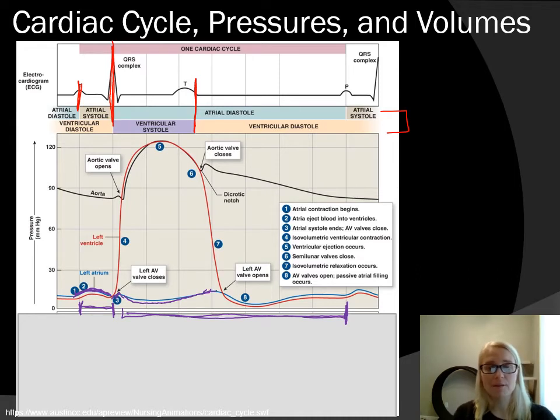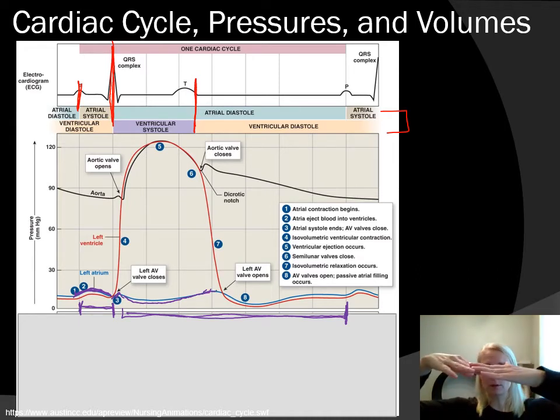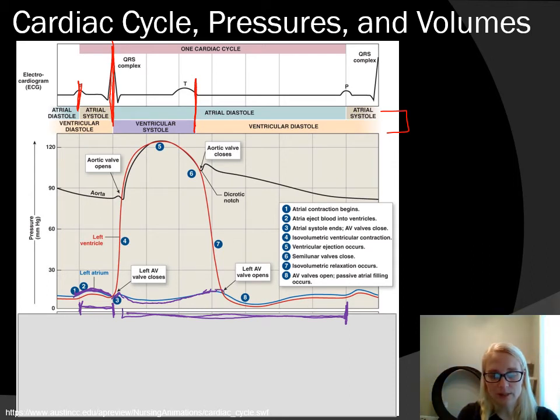And then we have the AV valve open. So we were in this chamber during atrial diastole relaxation, and then all of a sudden the ventricles relax so much that we can open our AV valves. So the pressure is going to go down. It's going to match the ventricle because it's basically one open chamber at this point. The AV valve is open, atria and ventricle are open to each other, and then we are going to build our pressure because more blood's coming in.